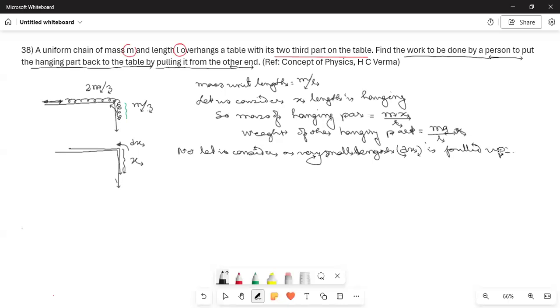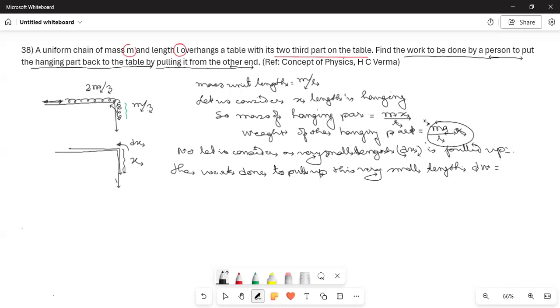If a very small length dx is pulled up, then what is the work done to pull this very small length? dW, that means an infinitely small amount of work, is equal to this force acting downward, mg by L into x, multiplied by the displacement, which is dx.